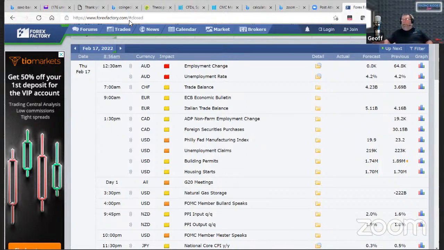Because the Aussie is a risk-on currency. When the risk is on, then the Aussie rallies. When the market hasn't got a risk appetite, let me put it that way, the Aussie won't rally. And that's pretty much what we're seeing at the moment.